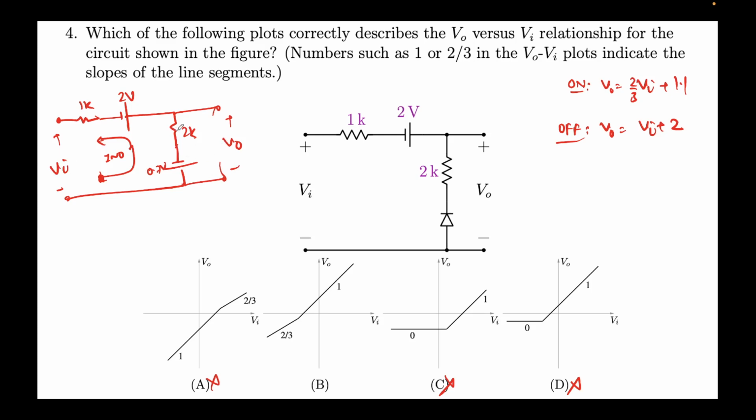If it's just turning on, there will be no voltage drop over here, and you can see V naught will come out to be minus 0.7 volts. If we put V naught equal to minus 0.7 volts, then Vi plus 2 equals minus 0.7, which gives Vi equal to minus 2.7 volts. So at the point of switching, when the diode turns on or off, Vi should be minus 2.7 and V naught should be minus 0.7. This means V naught is negative, Vi is negative.